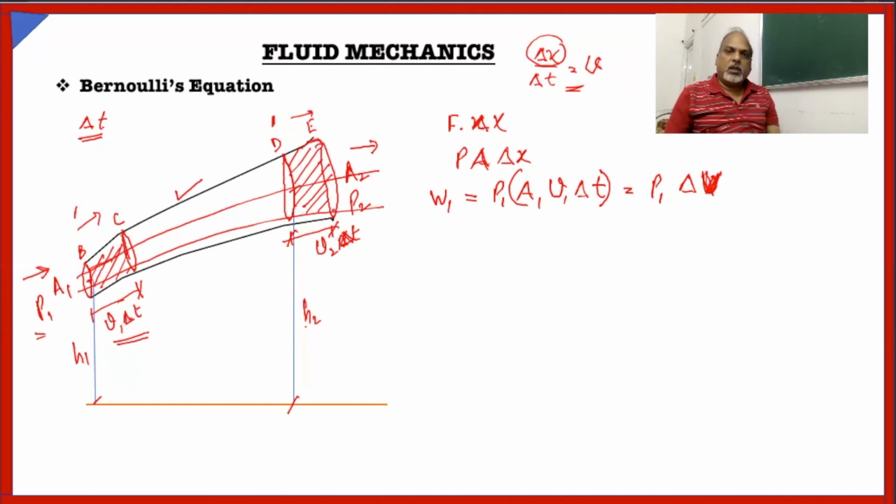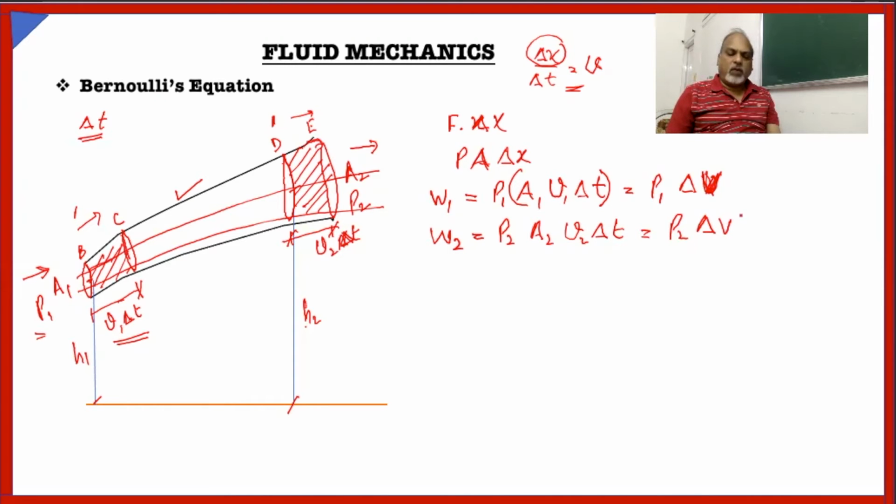Likewise, at the further end, W2 will be P2 into A2 V2 delta T, or correct, delta V is same because in delta T, whatever liquid is advancing, the same is coming out. So in both the cases, delta V will be same.